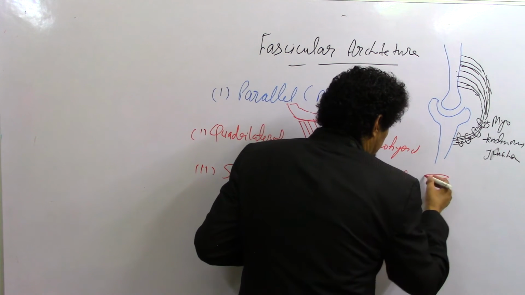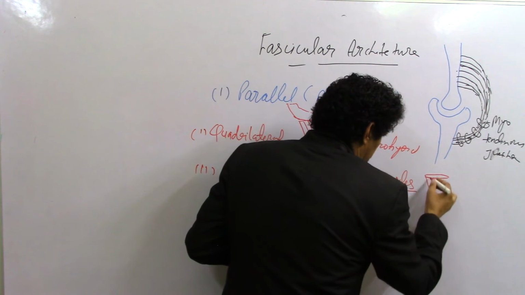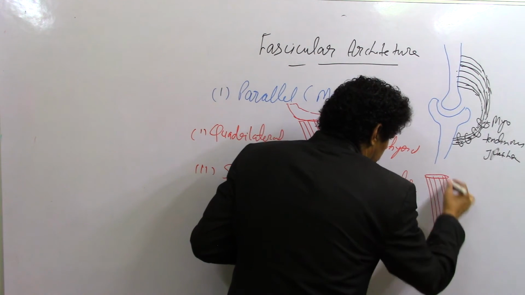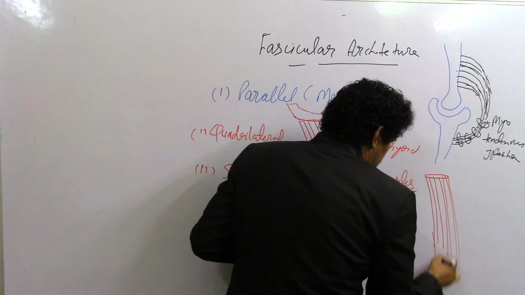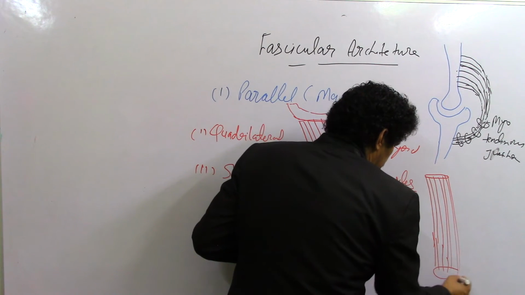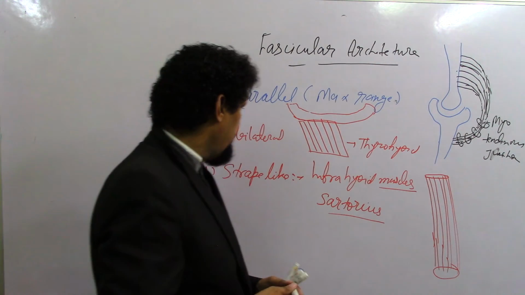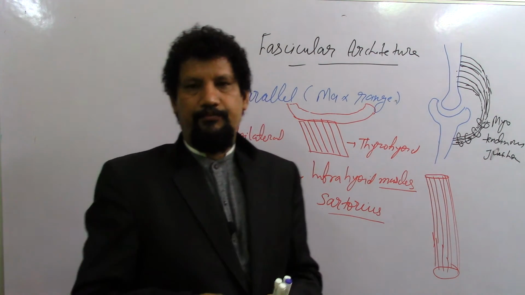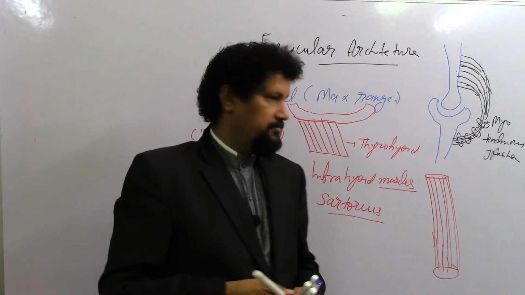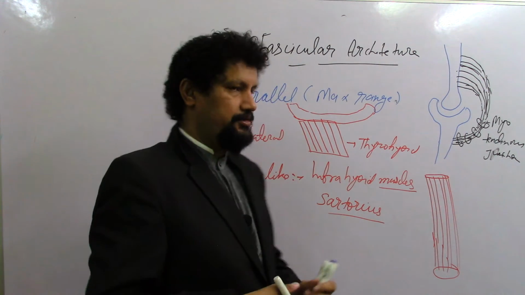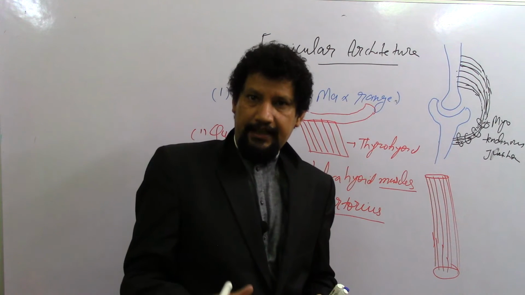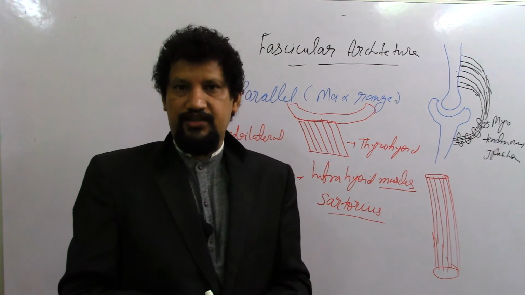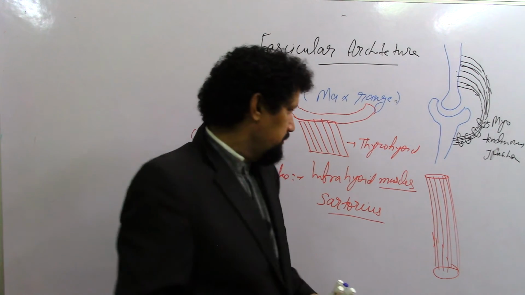So this is a strap-like pattern. Here the pattern of muscle fibers or the fasciculi is long. So this is the strap-like pattern of the parallel muscle fasciculi. Sometimes in the body, the pattern is strap-like, but it has transverse tendinous intersections.